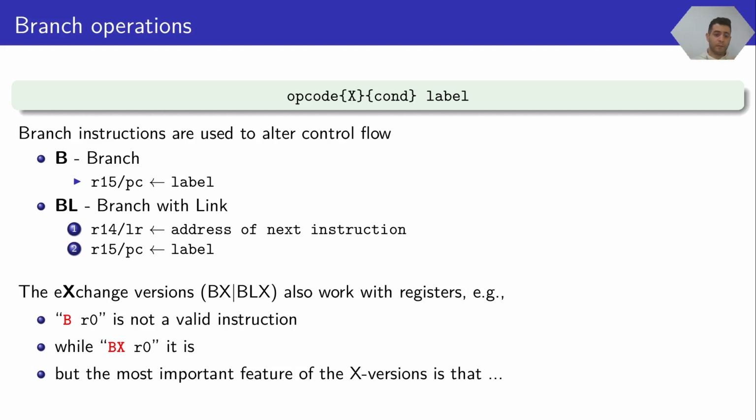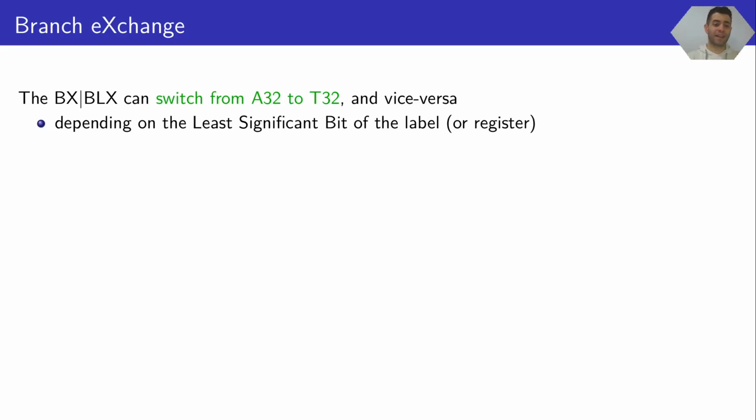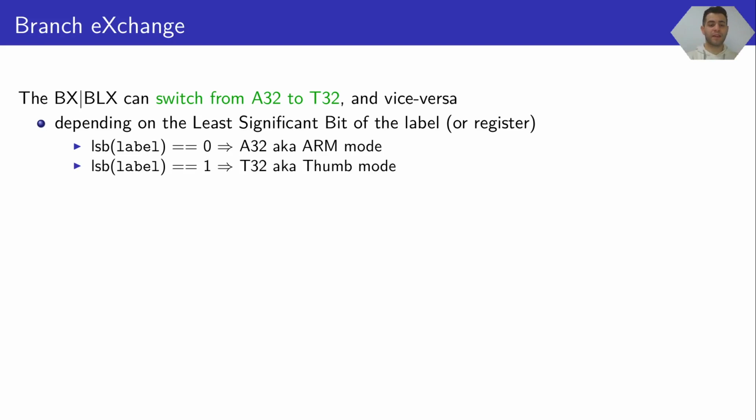But the most important feature of the X version is the fact that a BX or a BLX instruction is able to switch from ARM to Thumb and vice versa, by checking the least significant bit of the label or the register. So if the LSB is 0, it means I want to use the ARM mode. If it's set to 1, I want to use the Thumb mode.